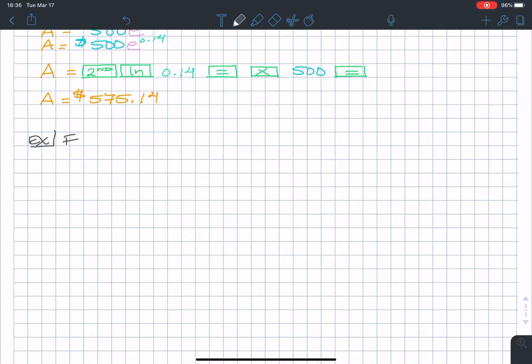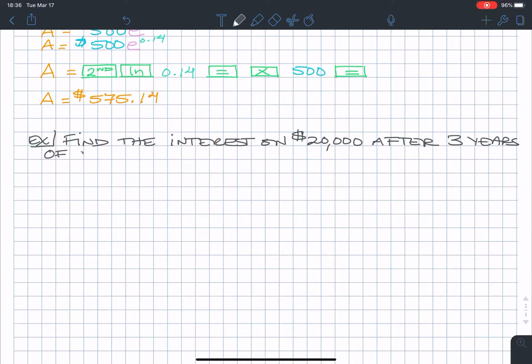So find the interest on $20,000 after 3 years of continuously compounded interest at a rate of 5%.